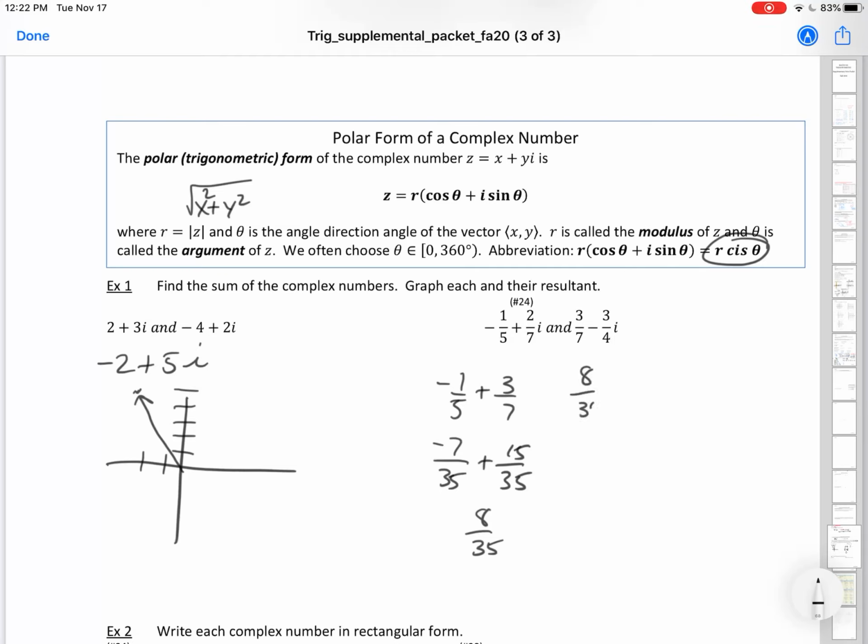So I got 8/35 plus, and here I got 2/7 minus 3/4. So what's that? That's 8 over 28 minus 21 over 28. And 21 minus 8 is 19 over 28. Am I thinking about that right?